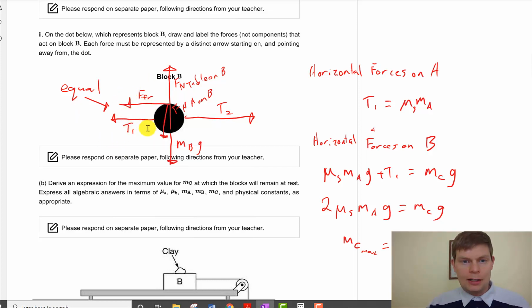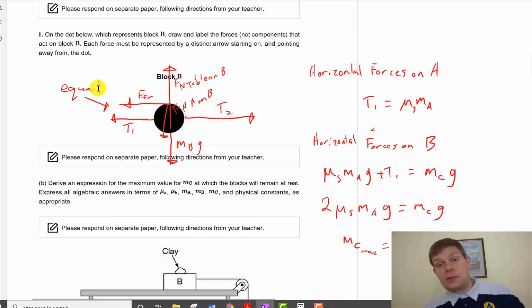We also have the normal force of the table on B, this big guy here. We have a normal force of A on B down. That was equal and opposite to the force of gravity on block A. And we also have the force of gravity on block B, and tension 2 trying to pull it forward. And these guys cancel. I said this was equal, but apparently we're not supposed to know that for a second.